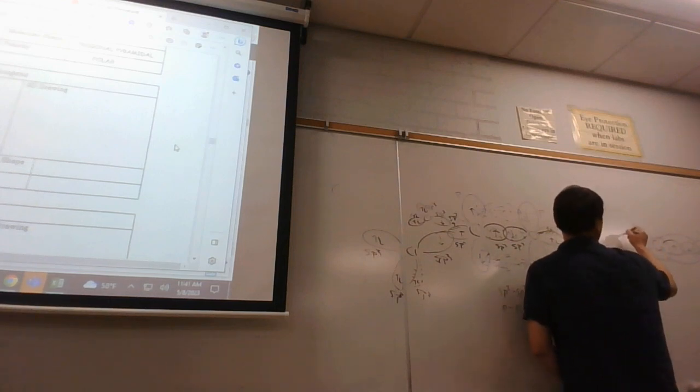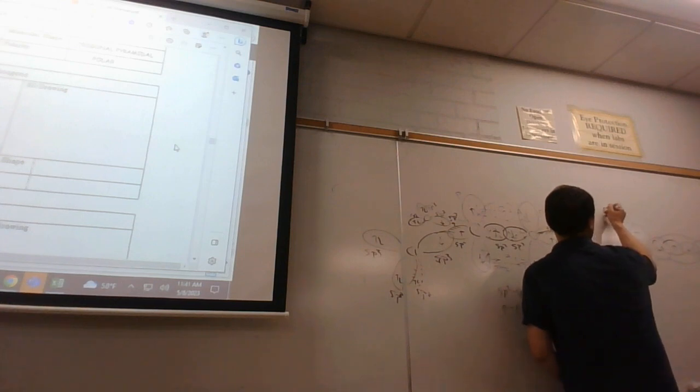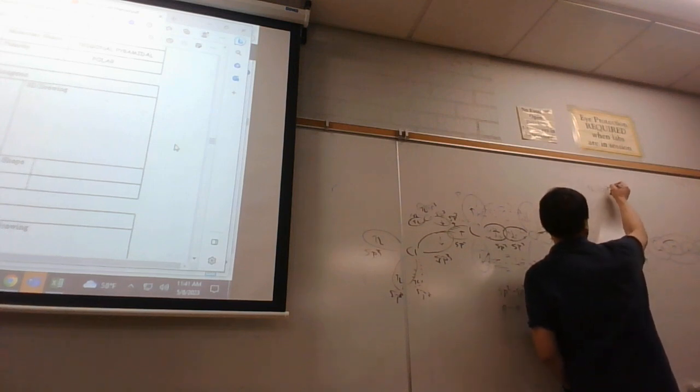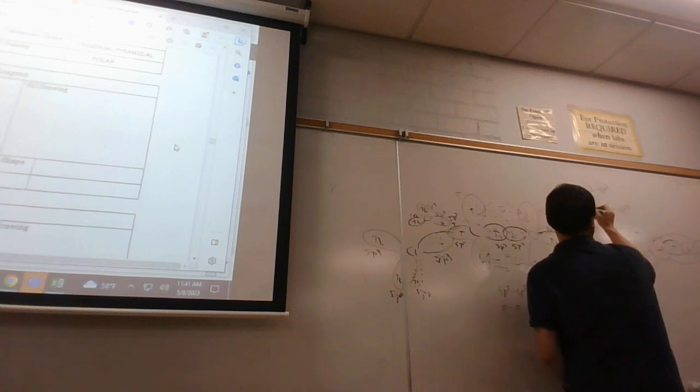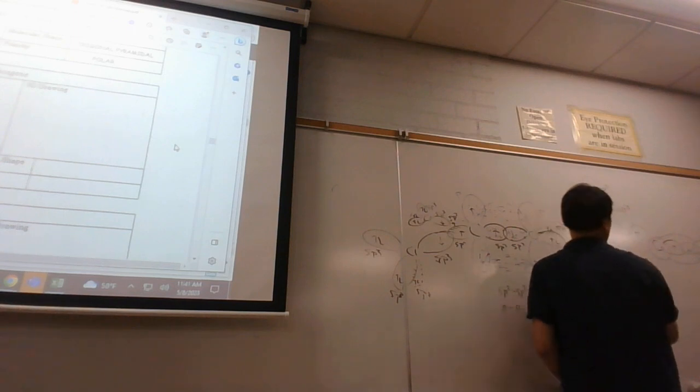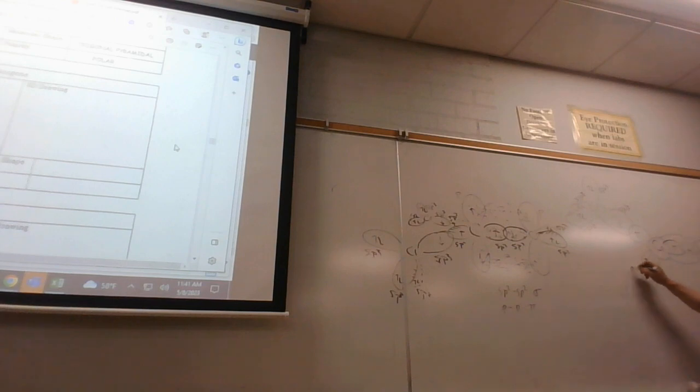Chlorine sp3 is quite big. This is in the next shell. It's getting harder and harder to draw these, so just draw it as close as you can. 3 lone pairs there. Again, chlorine's sp3 is big.